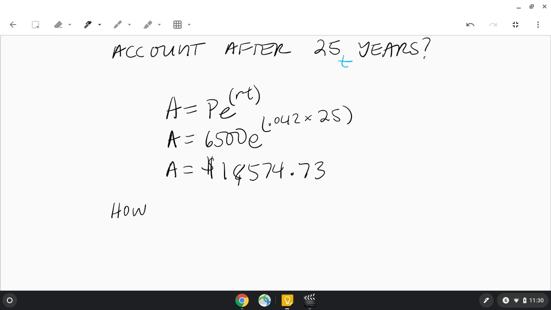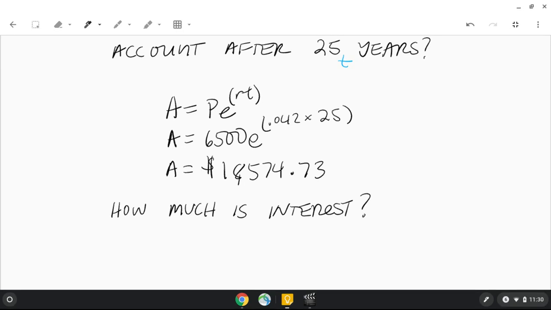Here's another part to the problem. How much is interest? I invested $6,500 and let it sit there, and now I have $18,574.73.